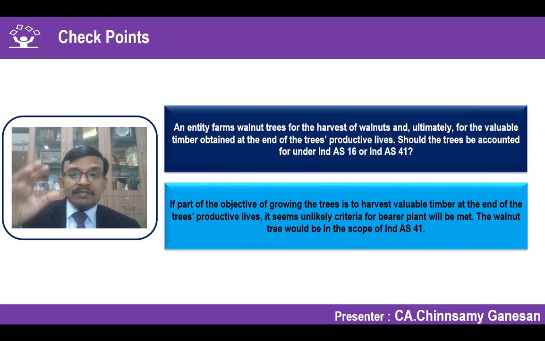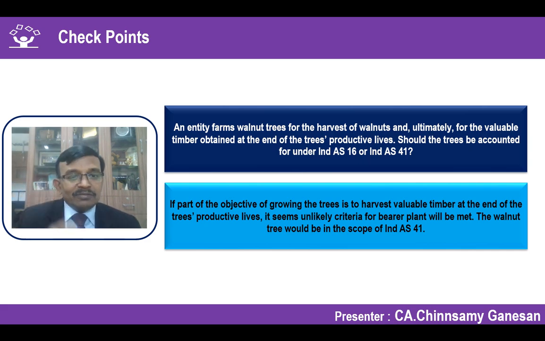But if what you are growing is only to harvest walnut, and your plant or the tree, when it is felled, also has a value, then your intention is to harvest the agricultural produce, so it becomes a bearer plant and goes to Ind AS 16. So the fact and the intention for which it is grown has to be seen. Why are we talking about the walnut plant?